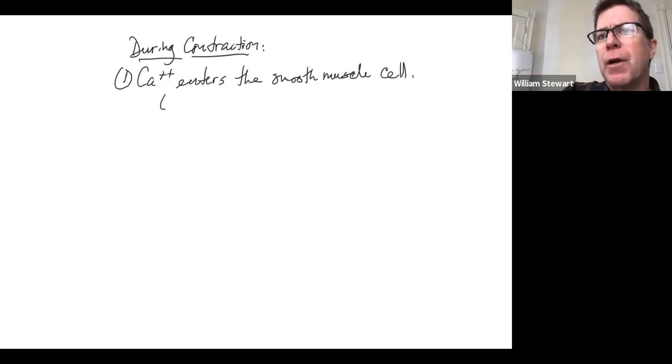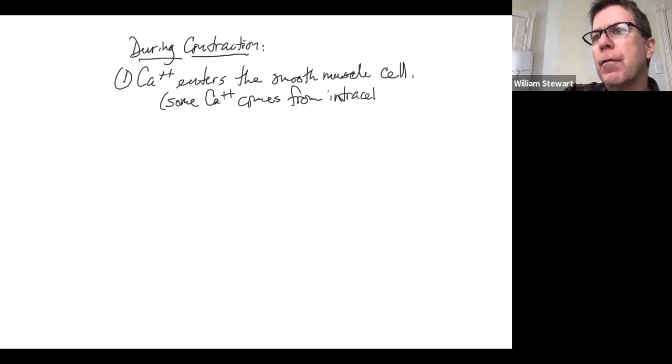Some calcium comes from the intracellular sarcoplasmic reticulum. But unlike a skeletal muscle cell where all of the calcium is stored inside, most of it comes from the outside.